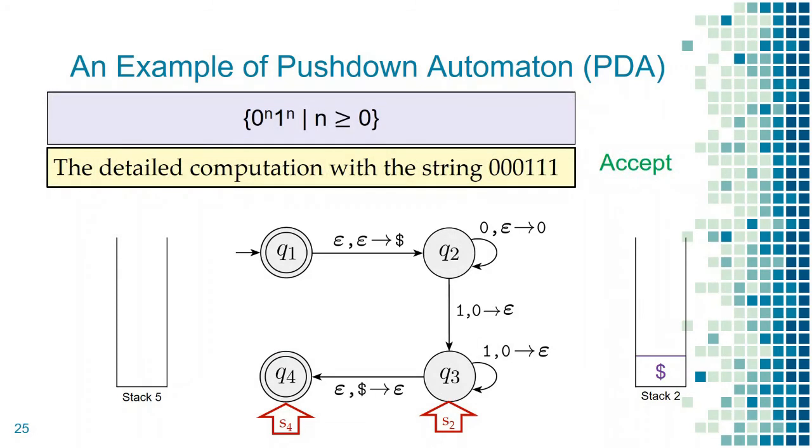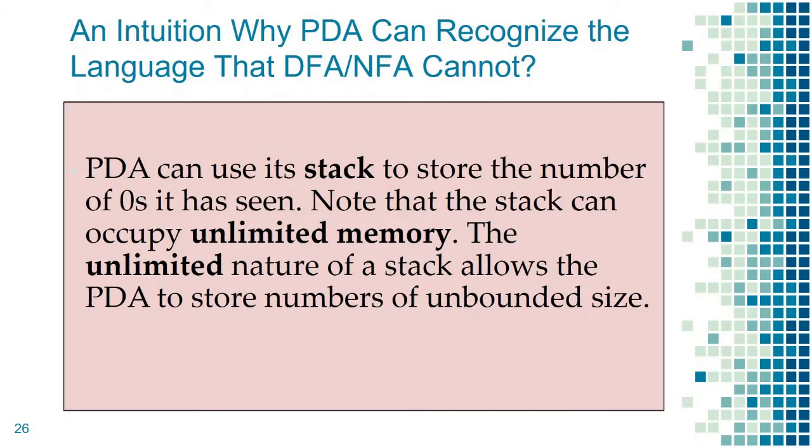So do we accept or reject this word? We will accept it. Okay? Same as NFAs. If there exists a path that gets us to an accept state, then we accept a word. Not every single path will get us to an accept state, but as long as there's one of them, then we're fine.